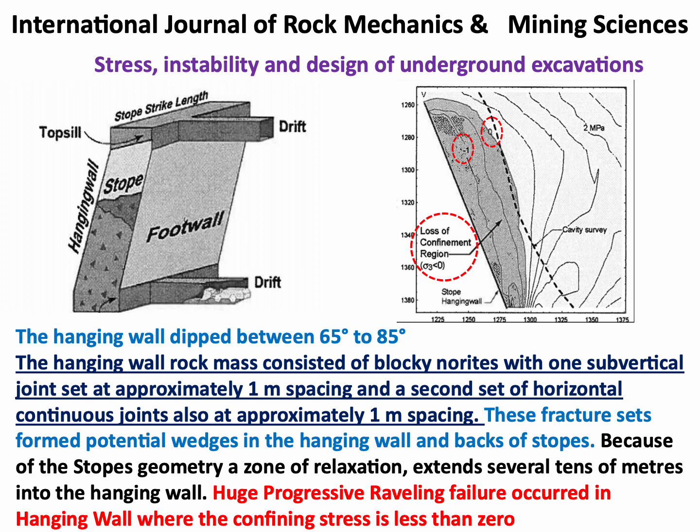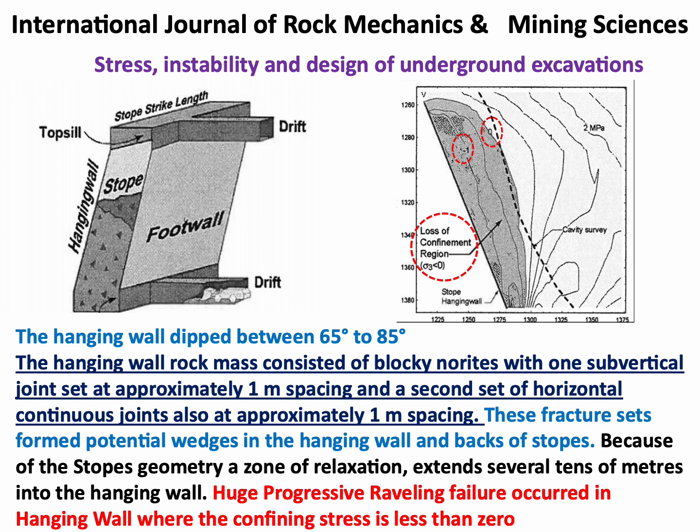However, due to the geometry of the stope and because of presence of a precariously dipping hanging wall in which there were potential wedges made by multiple joint sets, a zone of relaxation extended several tens of meters into the hanging wall.